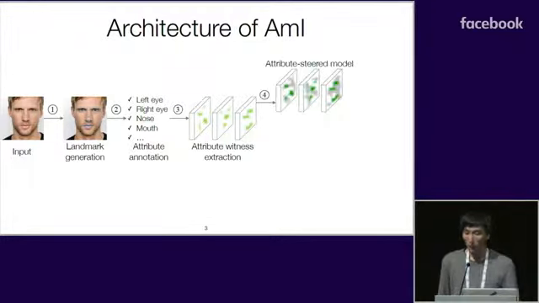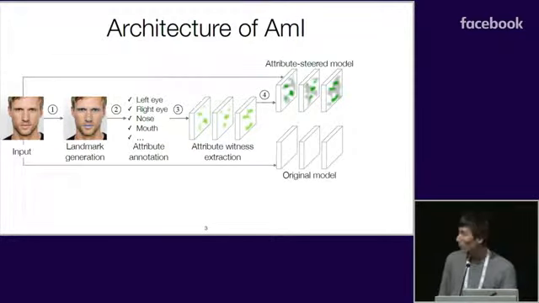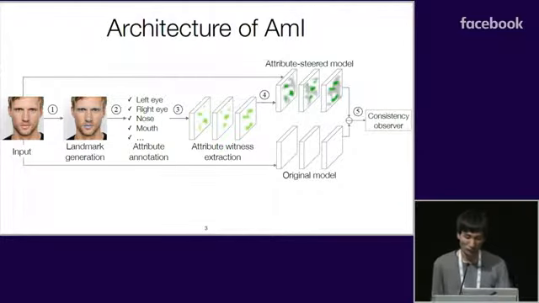And then we can modify the models based on these attribute weaknesses using their activation values. For each execution, we can feed the input into the original model and the attribute steered model and see whether their outputs are consistent. If not, then the input may be problematic.